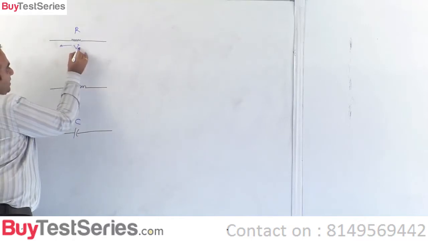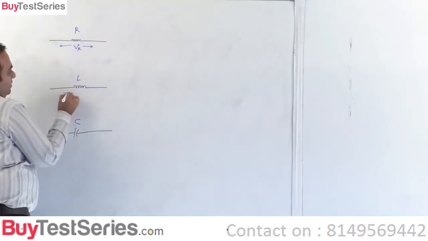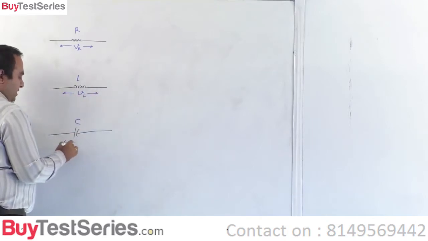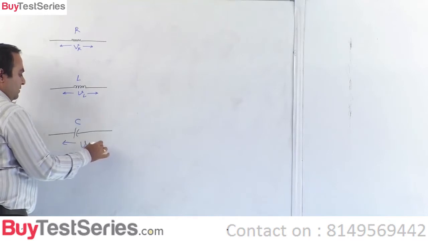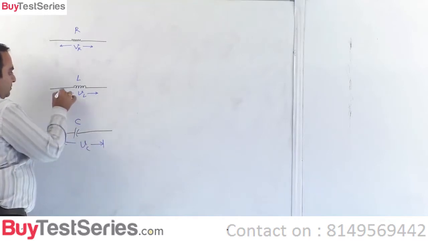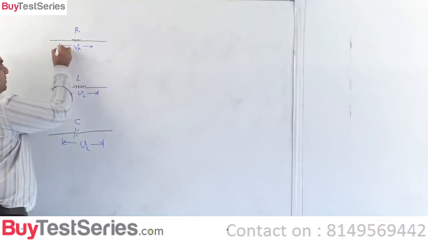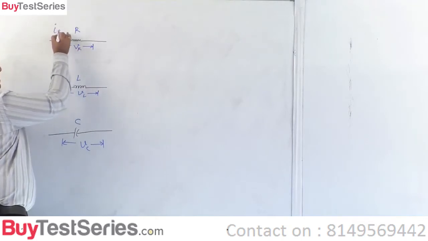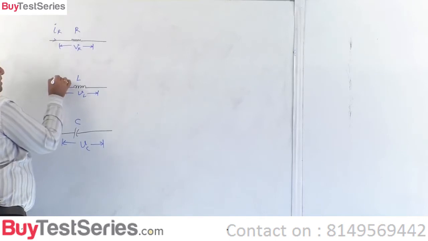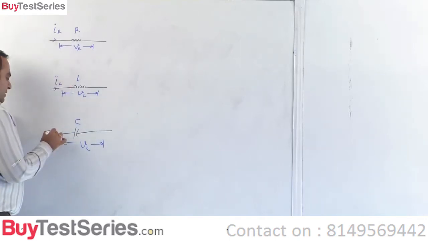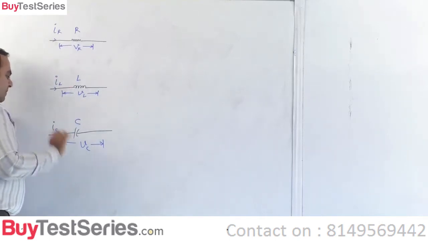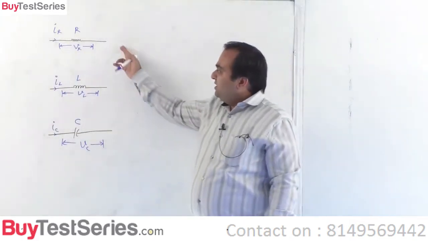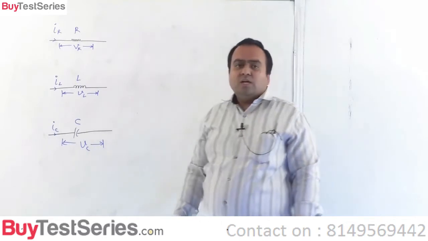The voltage here is VR, the voltage here is VL, the voltage here is VC. The current is IR, current is IL, and the current is IC. Alright, so as you know, these three are circuit elements only.